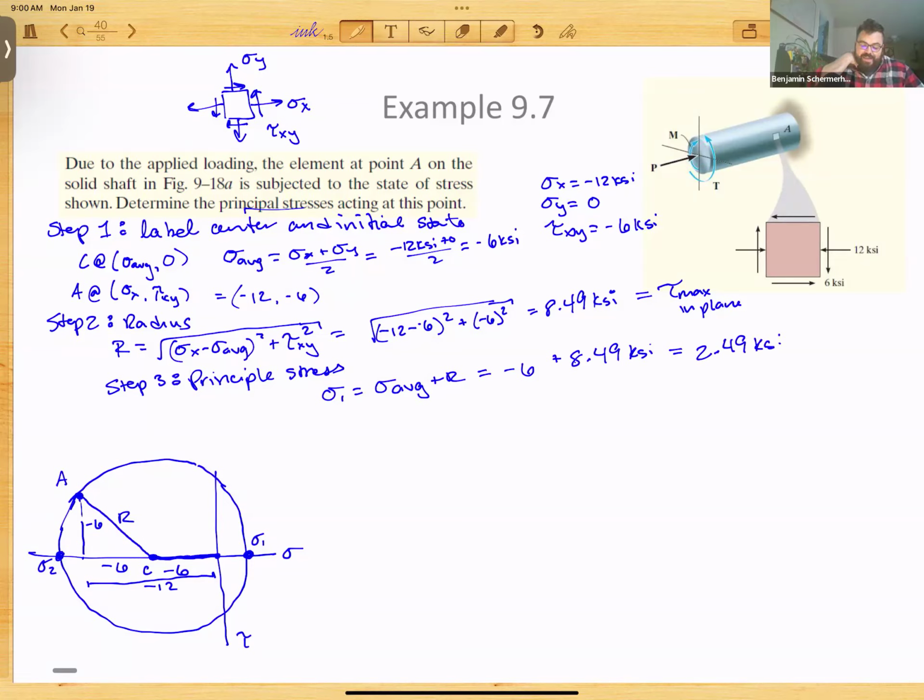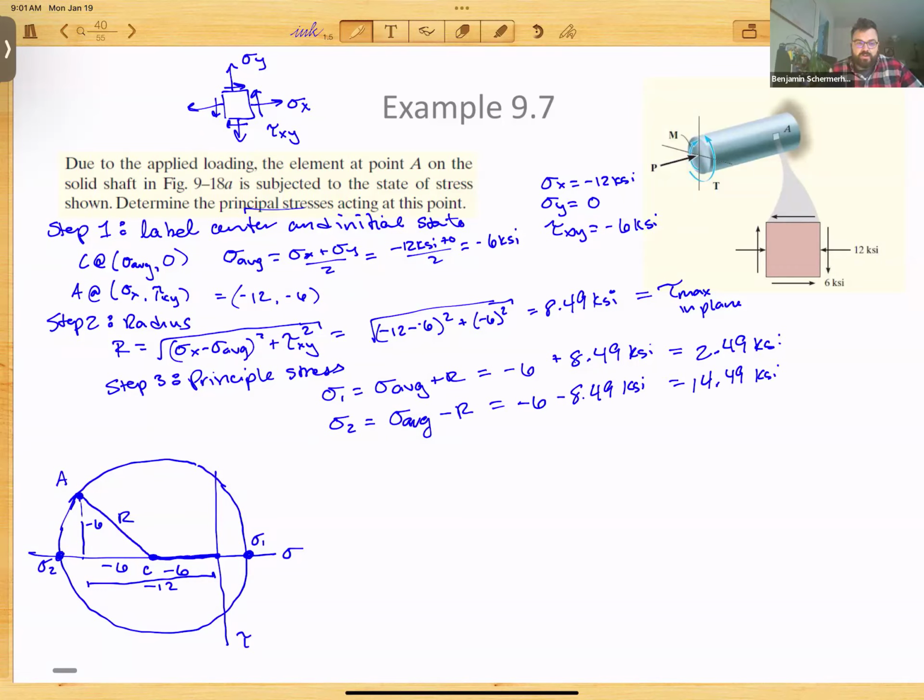And you can see how already having calculated the radius values and our sigma average values, the rest of these calculations, even though they're really long equations, are really as simple as our sigma average plus or minus R. So sigma 2 is going to be -6 minus 8.49 KSI, which is going to give us -14.49 KSI. So now we have both of our principal stresses.